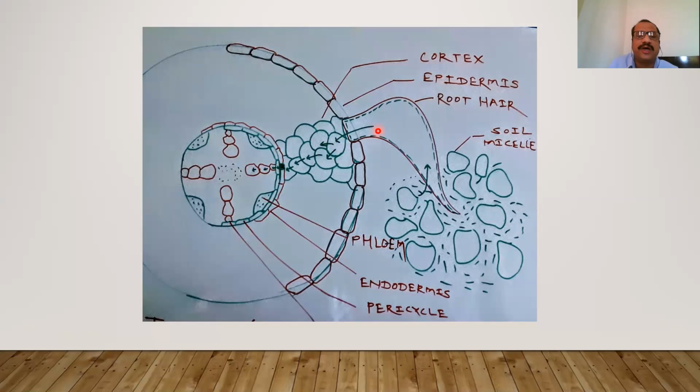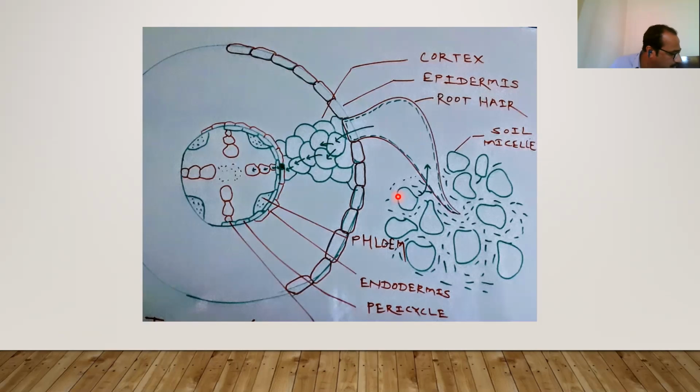But some scientists argue that the maintenance of solute inside the cell sap must require some sort of energy, and therefore the process can be called an active method. This osmotic water absorption is a type of active absorption because it requires some energy to maintain solute inside the cell sap. And secondly, there is direct involvement of all these cells of the roots. So this method is called the active method of water absorption.